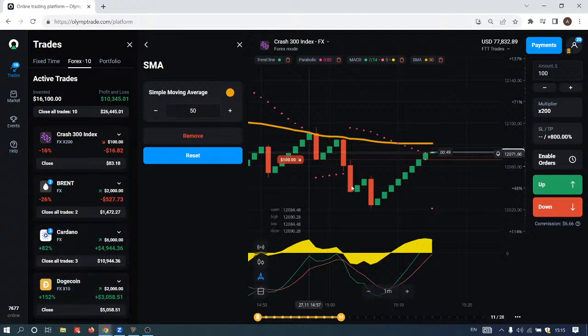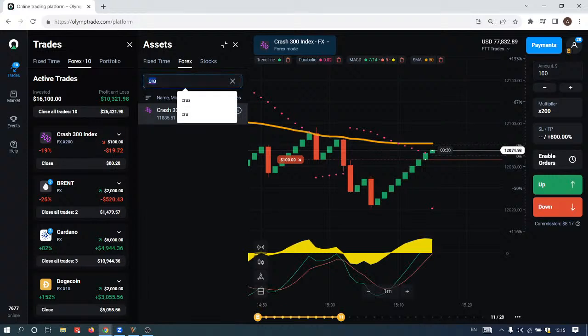So it's not just the desktop application, it's all traders who are trading right now. And everyone sees the same chart, the same Crash 300 index, the same Euro USD, the same gold, the same everything.